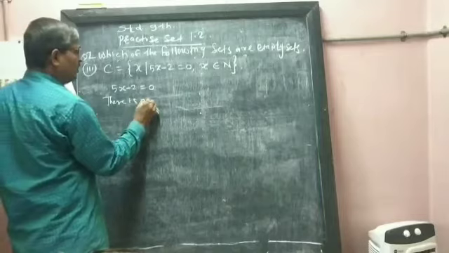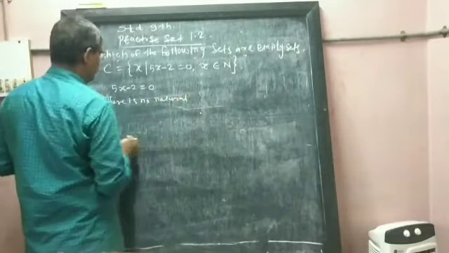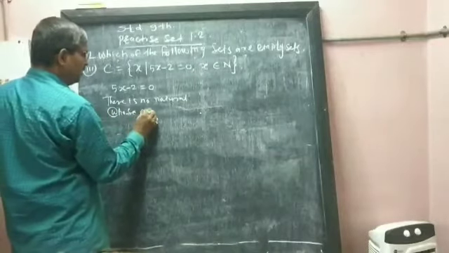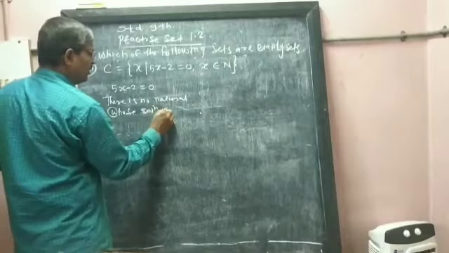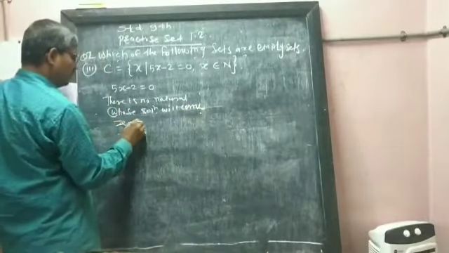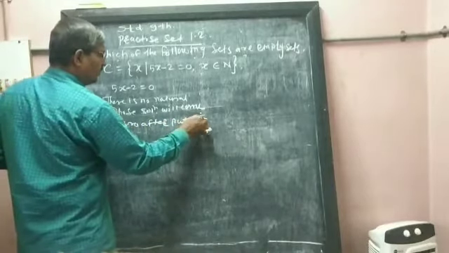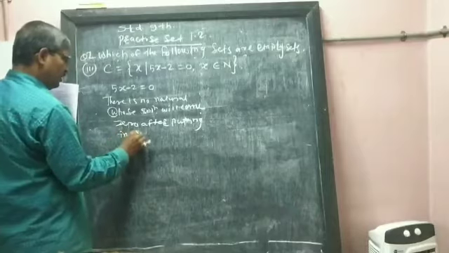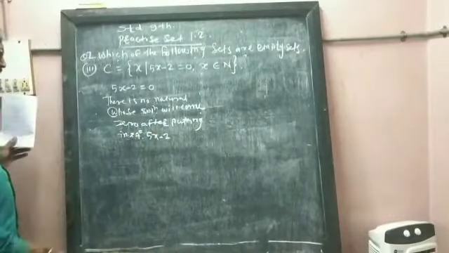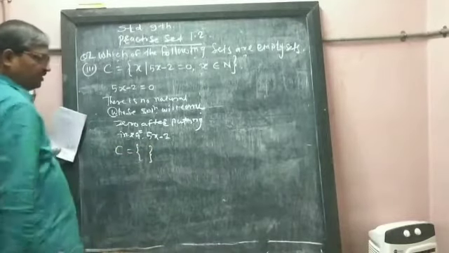There is no natural number whose solution will come 0 after putting in the equation 5x minus 2. Therefore, C is an empty set.